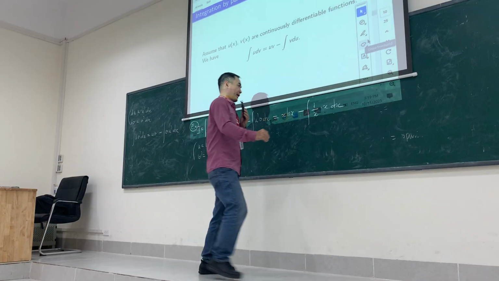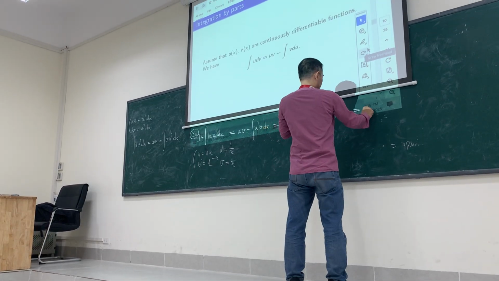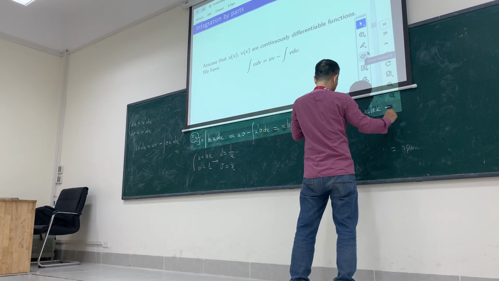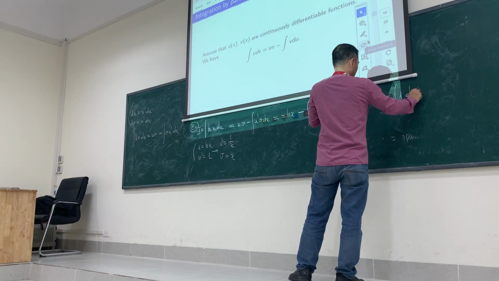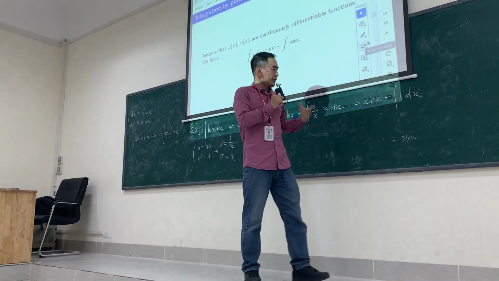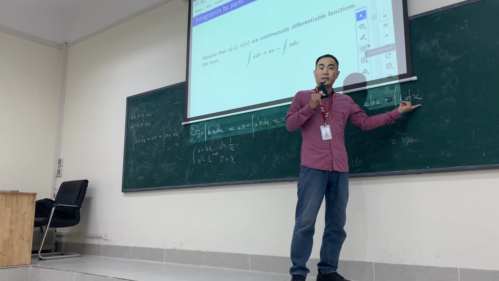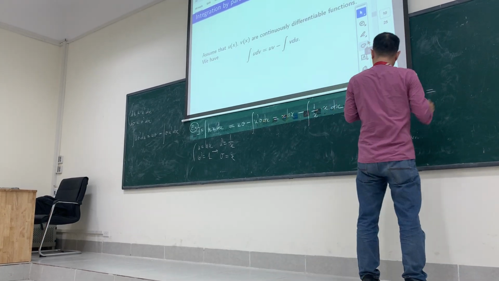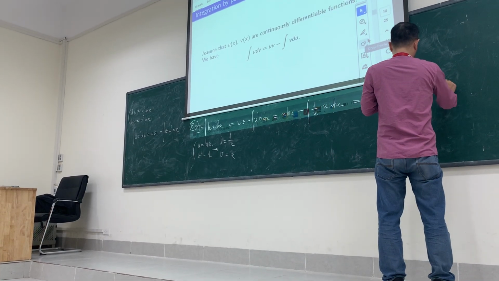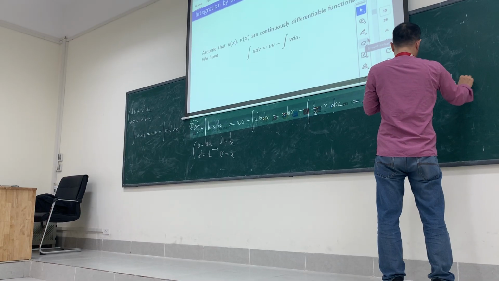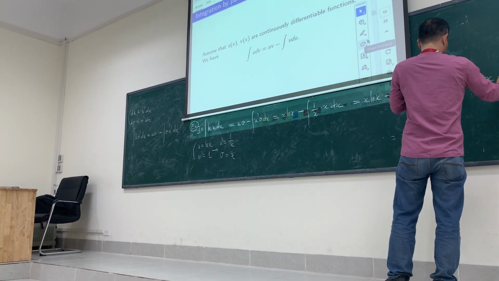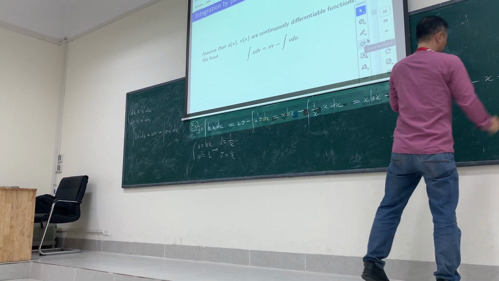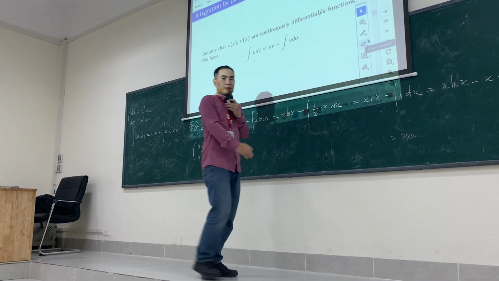We can reduce this to x natural log x minus the integral of 1 dx. The integral here belongs to the basic table. So we can find the integral is equal to x natural log x minus x plus C.